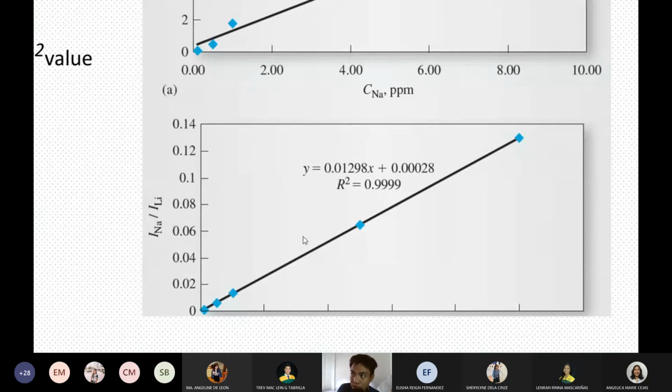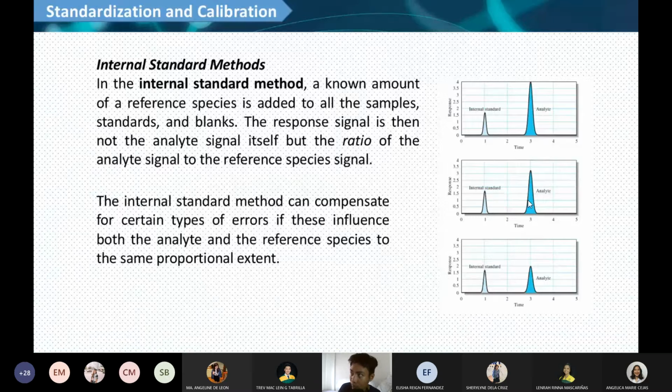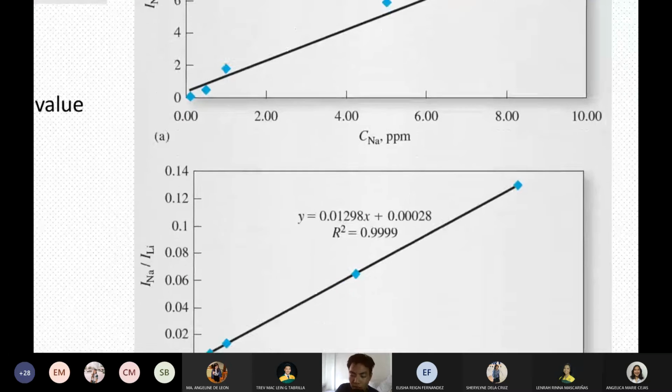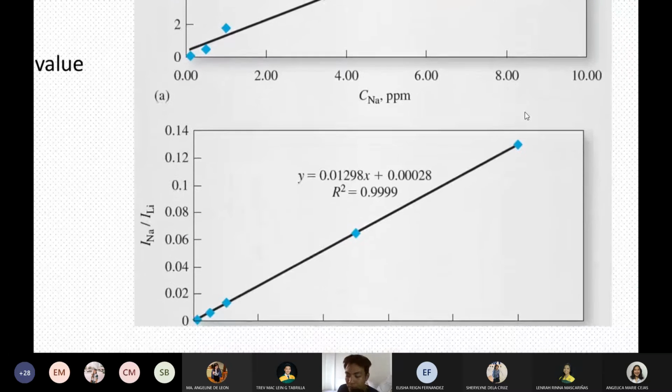What happens is that you will add your analytes with the solution, standard solution. So pag pinag-add mo yon, then you get the ratio of the signal ng analyte and the standard. So kunin mo lang yung ratio nila. So you can establish a better curve na. Mas maganda yung magiging curve mo.